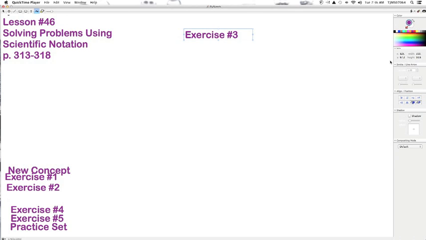Good. And let's make this a little bit bigger here. So if we're looking at exercise 3 on A, 1.44, or 1 and 44 hundredths, times 10 to the 12th, divided by 1.2 times 10 to the 8th.